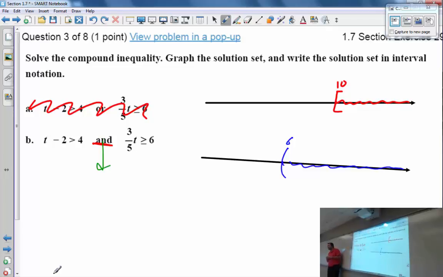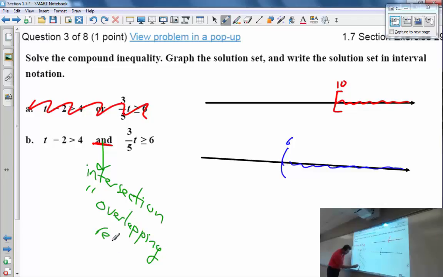It's not union anymore. It's intersection. In graphs, it means overlapping region. Okay? You are going to find what's overlapping between red and blue.